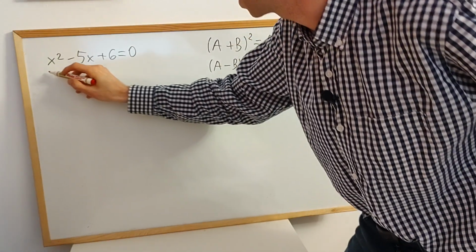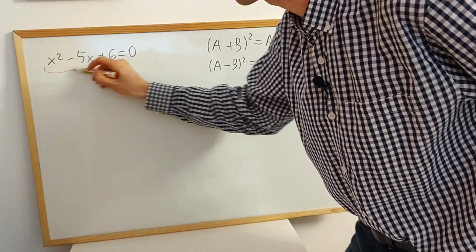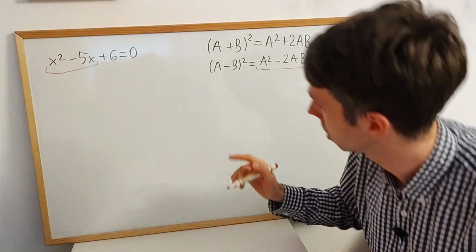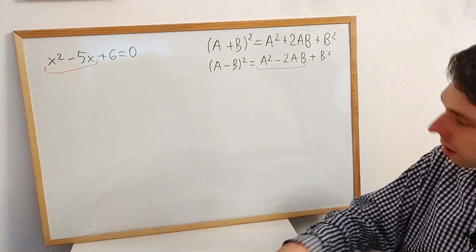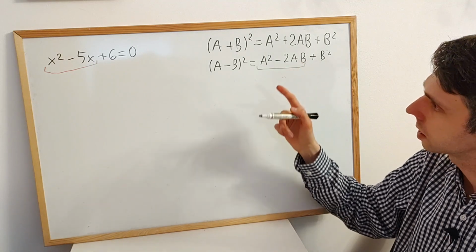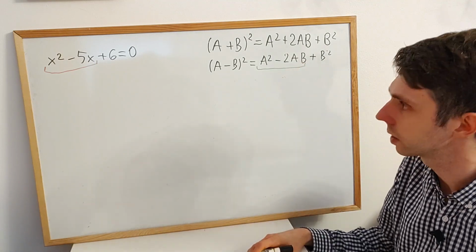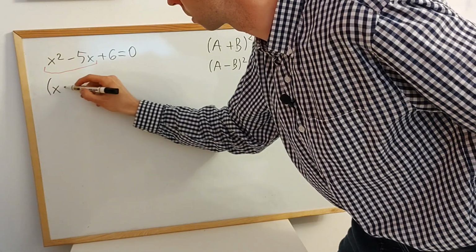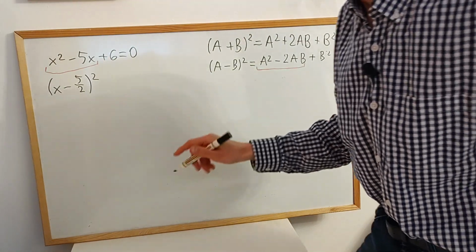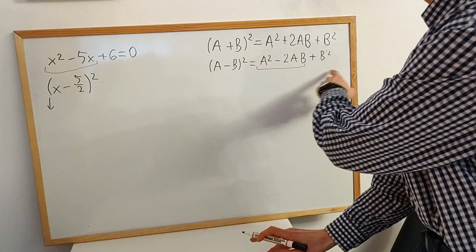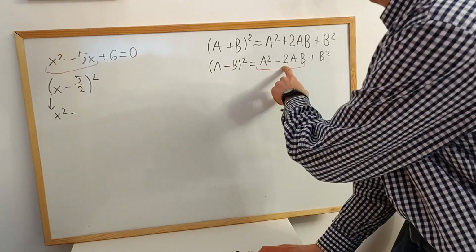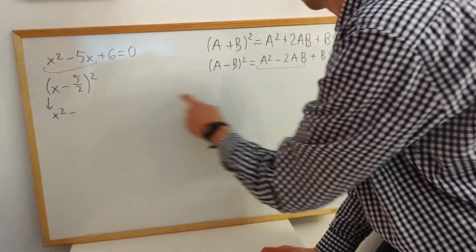So here is my equation, and let's think of these two terms as about these two terms. That means a is x and b is 5 over 2. So I have x minus 5 over 2 squared. If I calculate this using the formula, I get x squared minus 2 times x times 5 over 2.